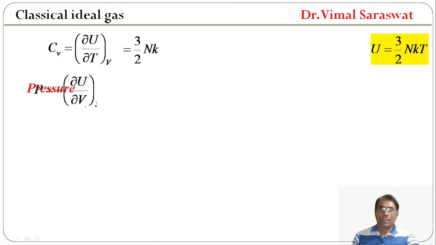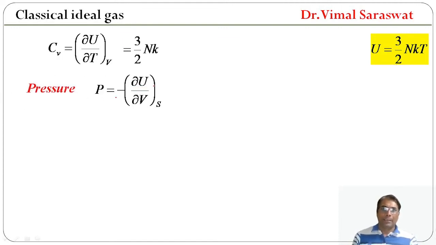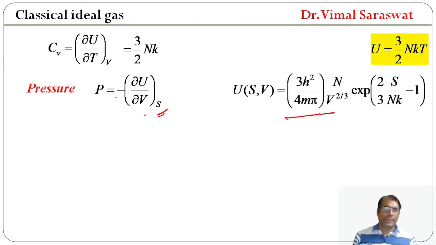Now pressure P equals minus (∂U/∂V) at constant entropy, and U is this one.